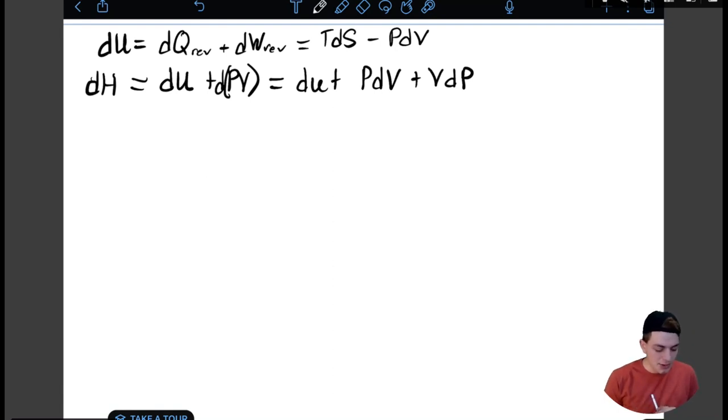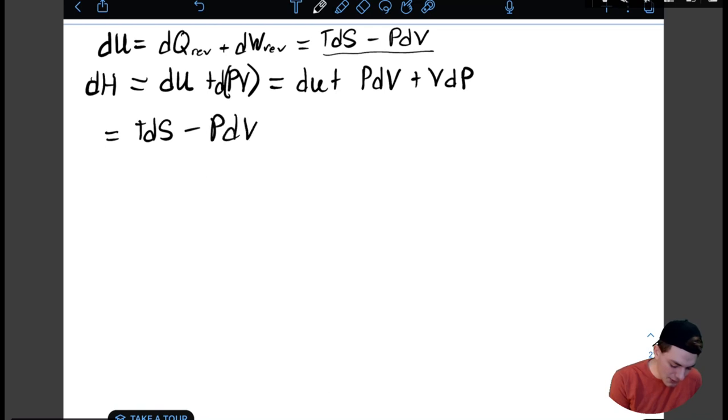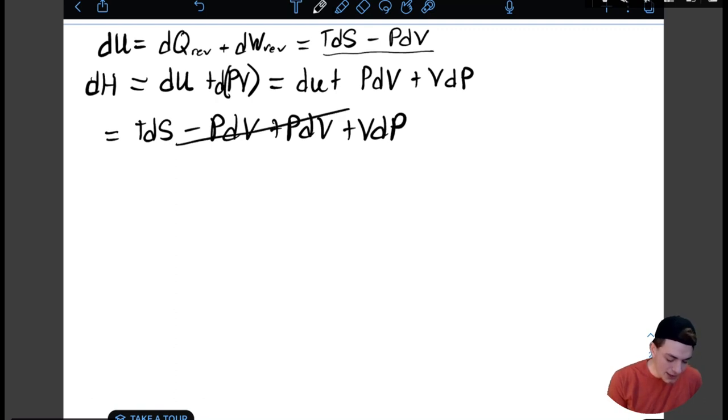Substituting in our differential of internal energy term from up here, we will then have T dS, temperature times differential of entropy, minus P dV, plus P dV, plus V dP, and we will see a cancellation right there.